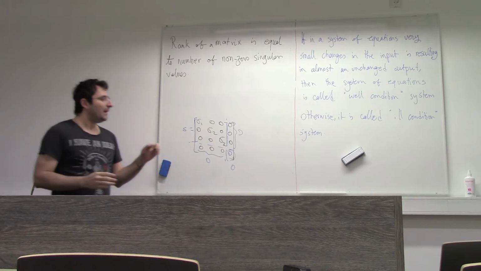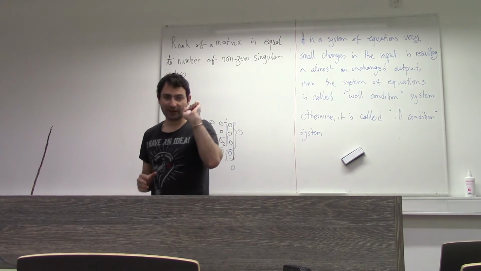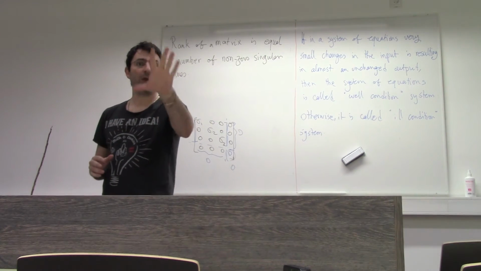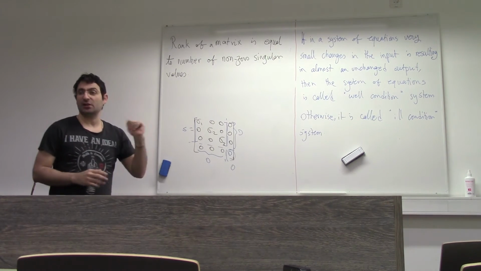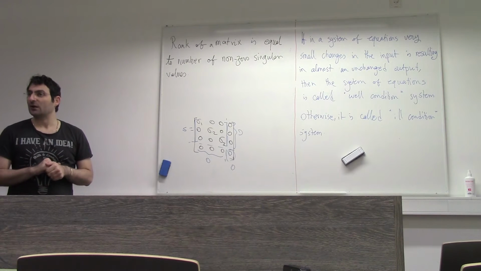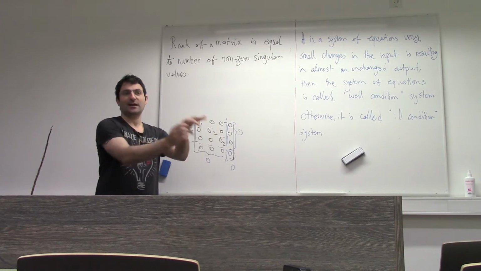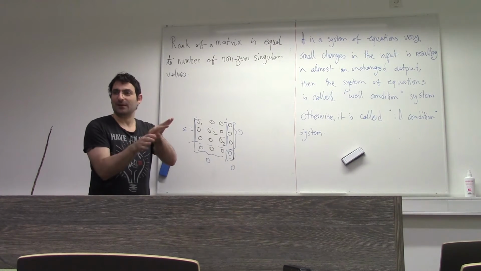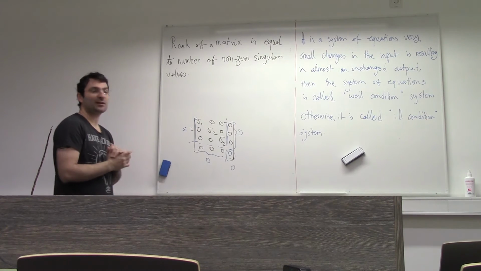Okay? But, so we have this definition. Let's see if I give you a system of equations, how you can understand whether this is a well condition or a bad ill condition. One way is definitely through an example. You can give values to the system, see what the output is, then change them a little bit, give the values and see how the output changes, which is very time consuming.